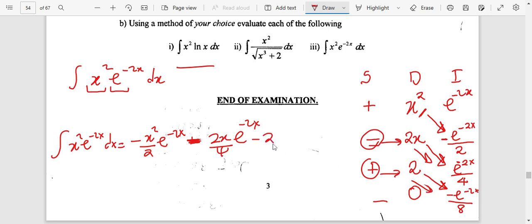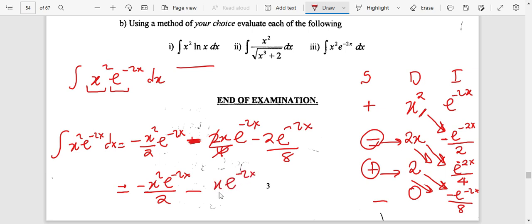That is going to be negative 2 e to the power negative 2x over 8. We can also reduce this to negative x squared e to the power negative 2x over 2. Then negative 2 can cancel with something there, that will give us negative x e to the power negative 2x over 2. And then something can cancel there, we're going to remain with a 4, so that will be e to the power negative 2x over 4. Then just add the constant c. Direct, you've integrated.